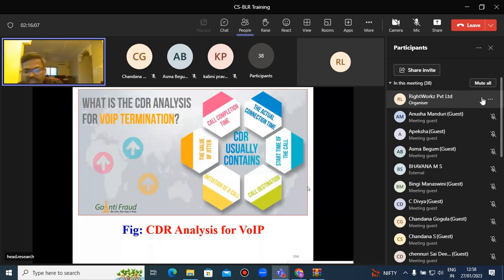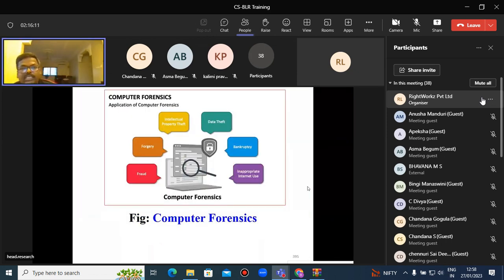CDR analysis for VoIP, Voice over Internet Protocol. Computer forensics, applications of computer forensics. See here: fraud, forgery, intellectual property theft, data theft, bankruptcy, inappropriate internet use. This is called computer forensics.